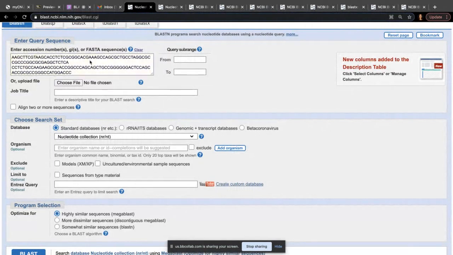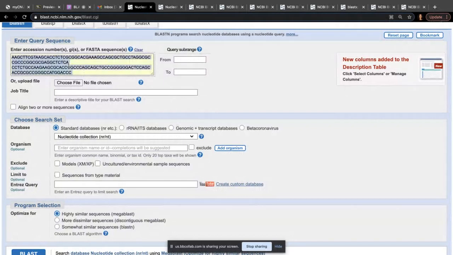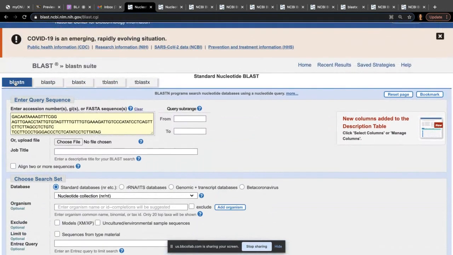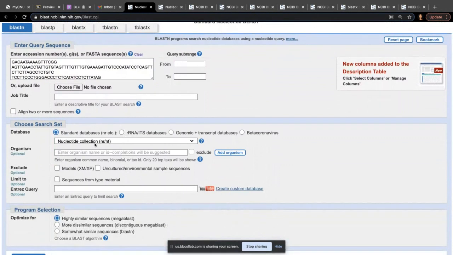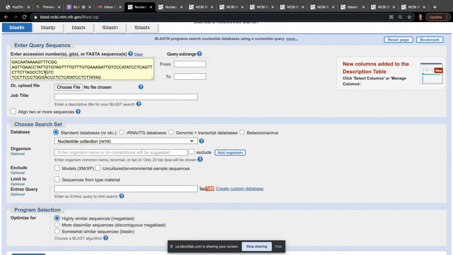Now I'm running nucleotide BLAST, and as my first run, I'm going to do it with the nucleotide database. So it's going to see what this sequence matches. And you might wonder, why are you doing that? You'll see in the results.